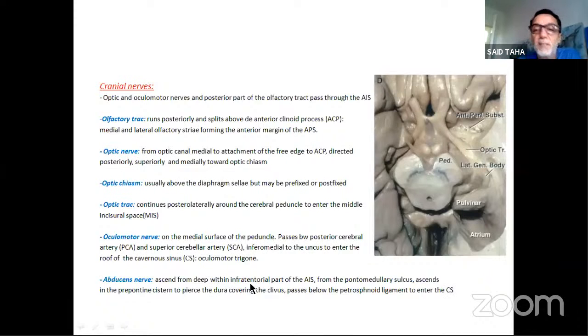The abducens nerve ascends from deep within the infratentorial area of the anterior incisural space. From the pontomedullary surface it ascends in the prepontine cistern to pierce the dura covering the clivus and passes below the petrosphenoidal ligament to enter the cavernous sinus.